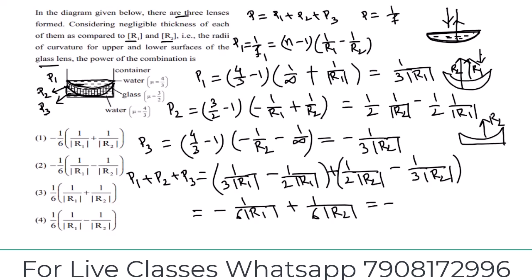So if we take minus 1 by 6 as common, then it will become 1 by mod R1 minus 1 by mod R2. So this is the total power, P is P1 plus P2 plus P3. So here option 1 is the correct answer.